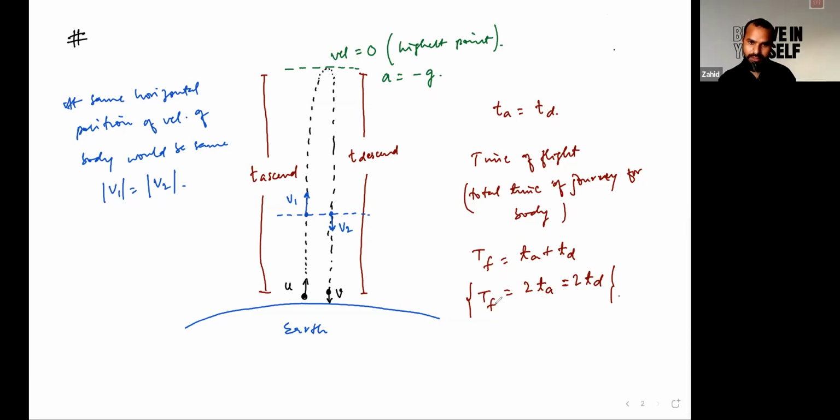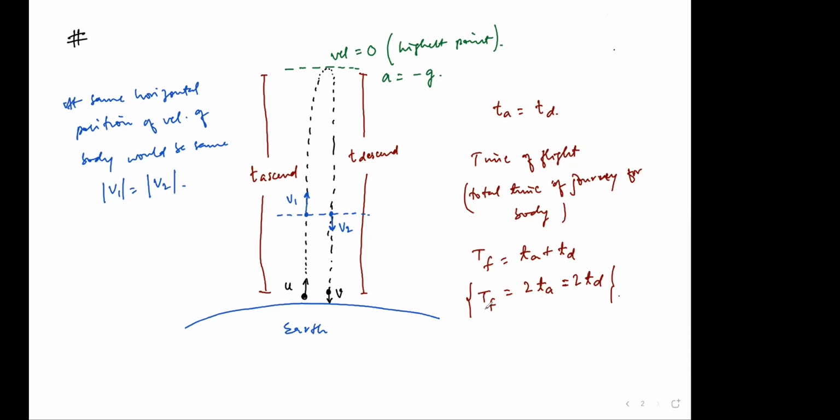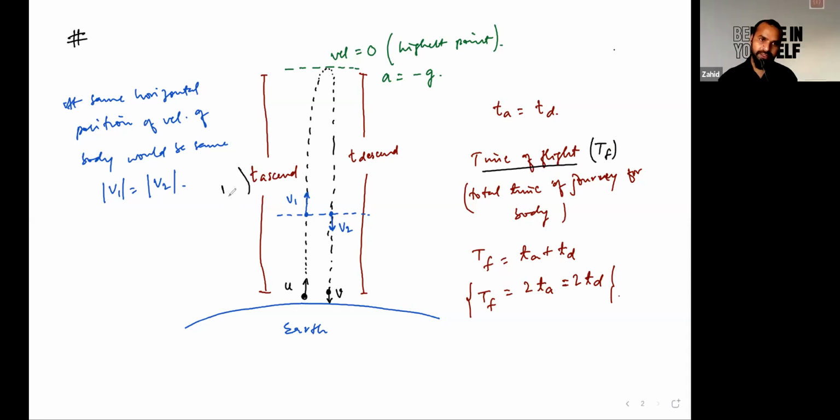Which t? This t? Yes, sir. Time of flight. This is time of ascent, so we call it TA, and this is time of descent, we call it TD.